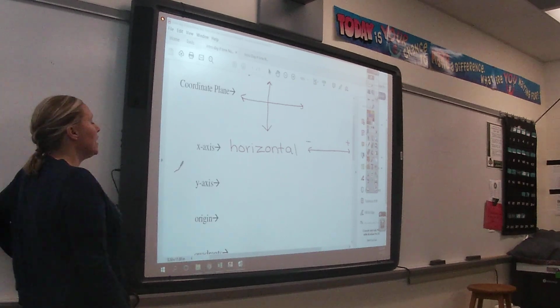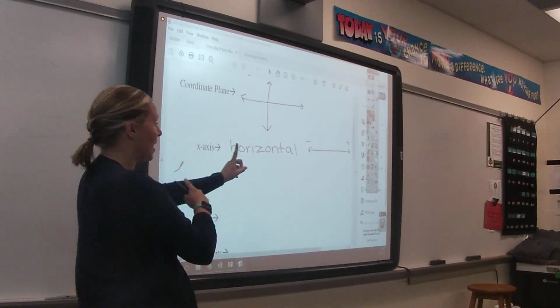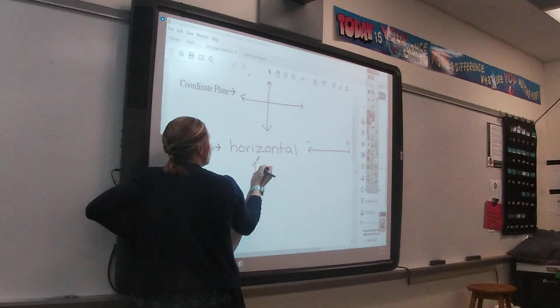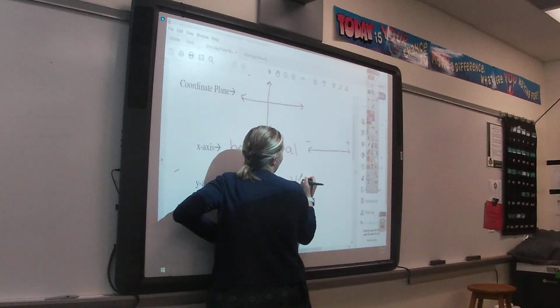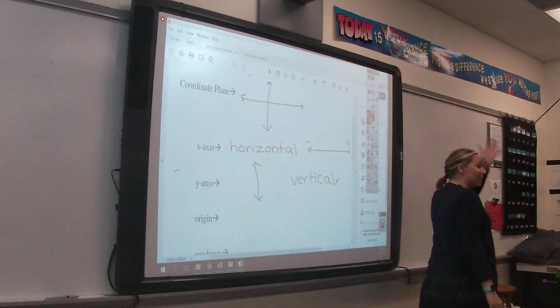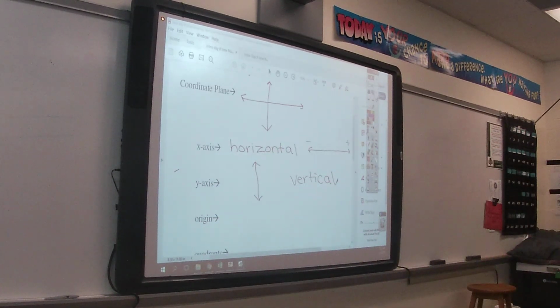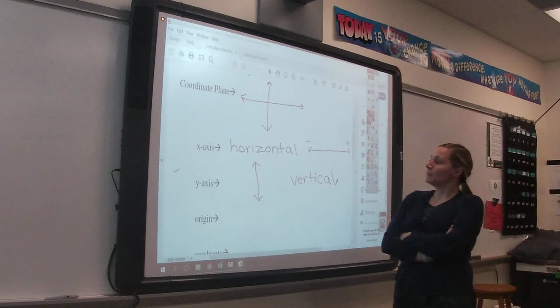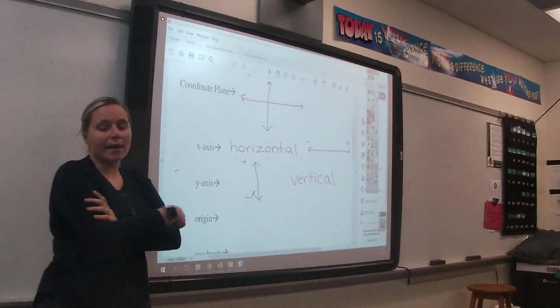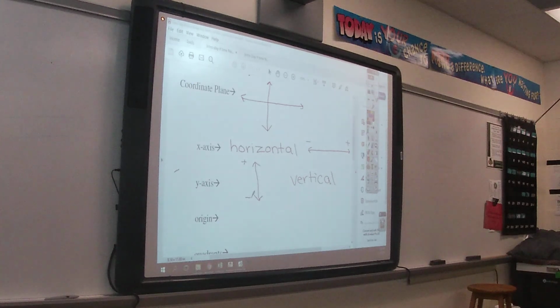The coordinate plane also has a y-axis, and I'm going to do these in reverse so you don't confuse the lines. The y-axis is our vertical line. Okay, so it's the one that goes up and down. We have positive numbers on the top and negative numbers on the bottom.